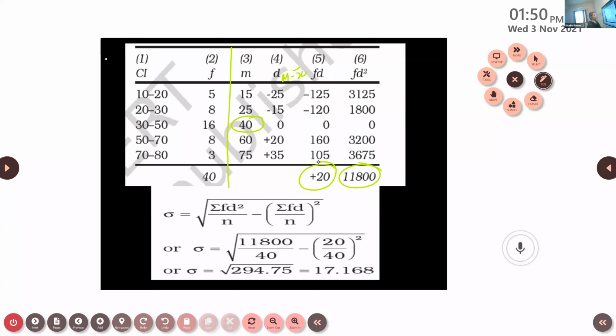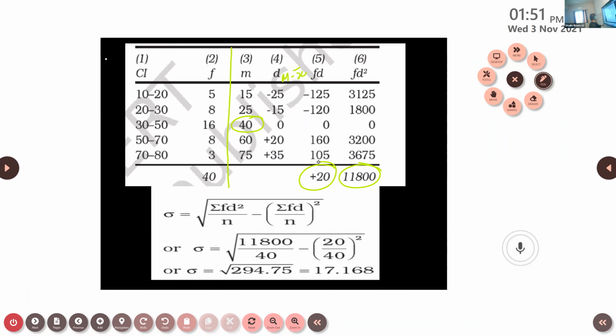Okay. So formula once more, Sanam, what is the formula? Ma'am, square root of sigma FD square by N minus sigma FD by N whole square.